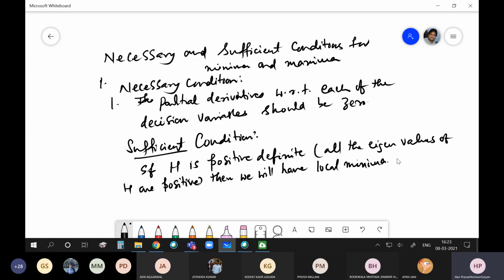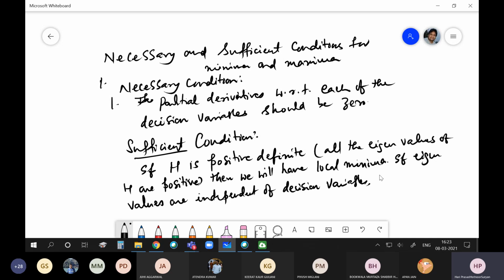Further, if the eigenvalues are independent of decision variables, then we will have a global minimum.